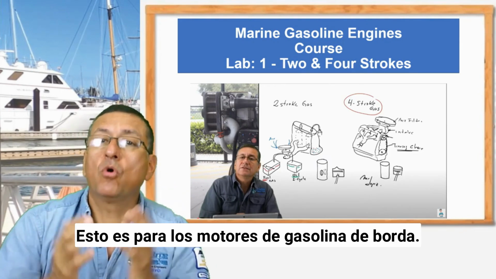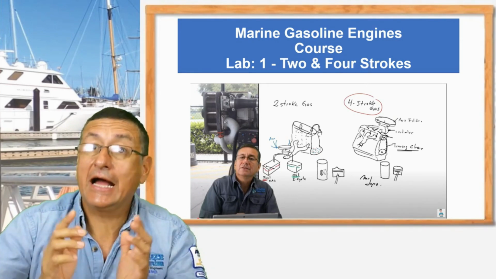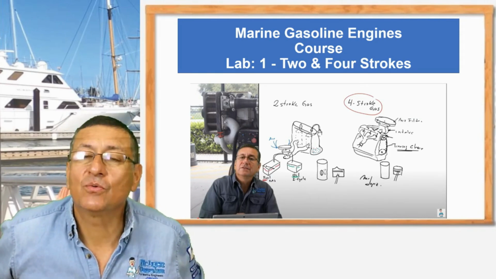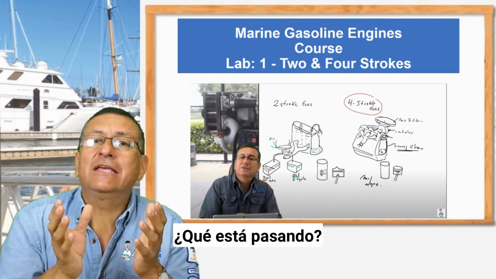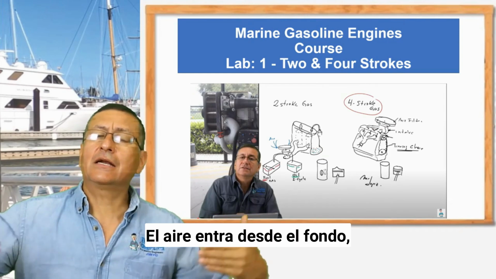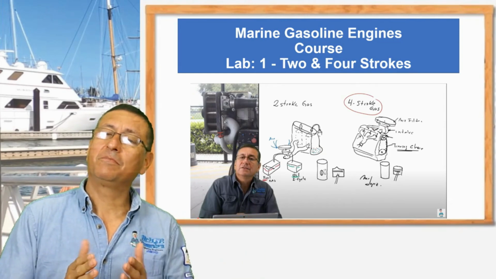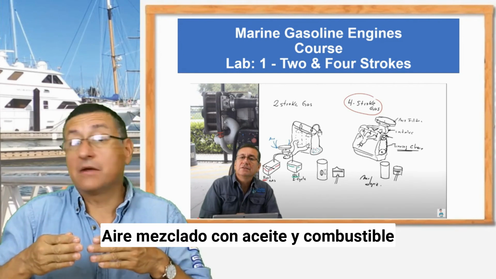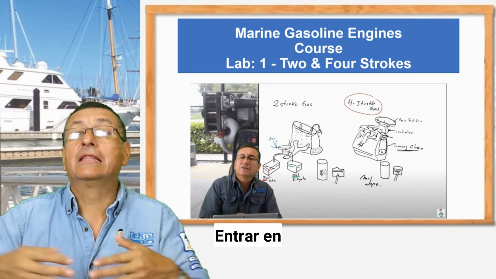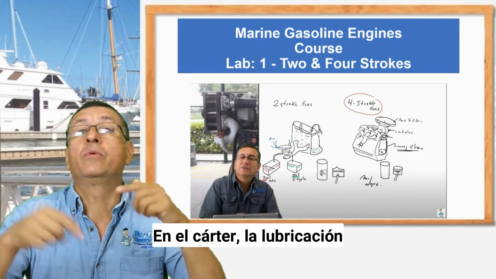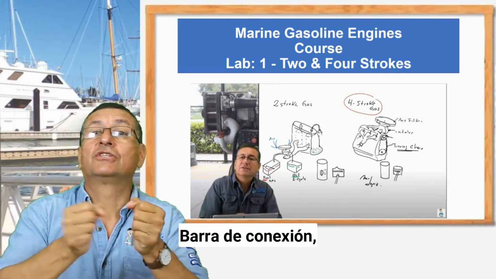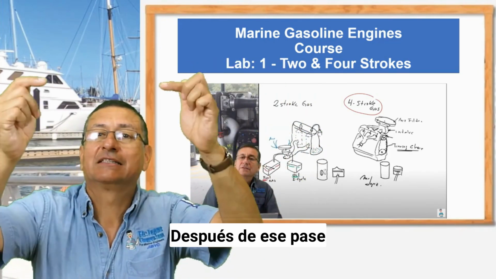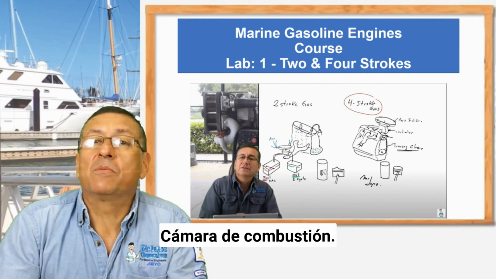This is for inboard gasoline engines. And in a couple of two-stroke outboards, we are going to check how the air enters in the bottom, passes through the reed valves, and the air mixed with oil and fuel enters the crankcase, lubricates the connecting rods, and after that passes to the combustion chamber.